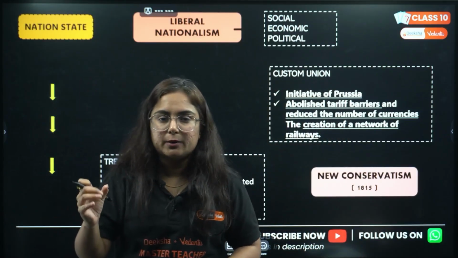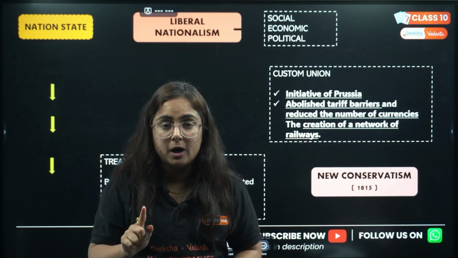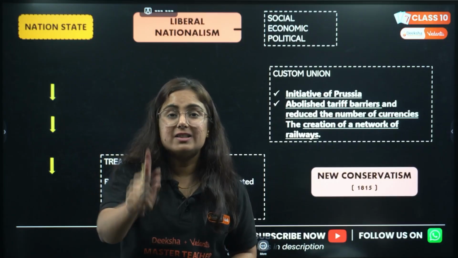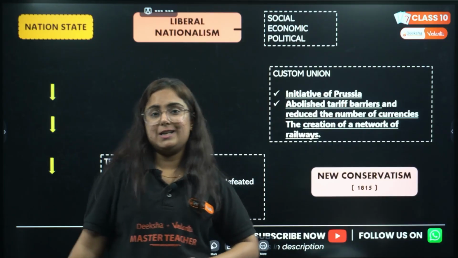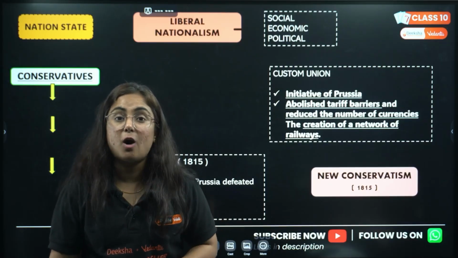What was the objective? That no longer can Napoleon establish his power, and monarchy can be re-established or restored in the majority of Europe. Get my point? This was the objective of the Treaty of Vienna.